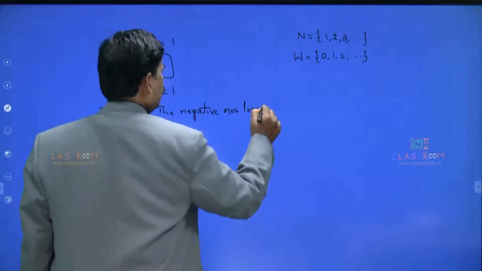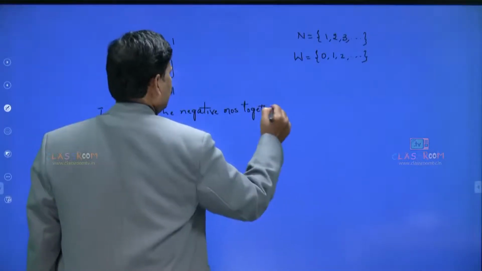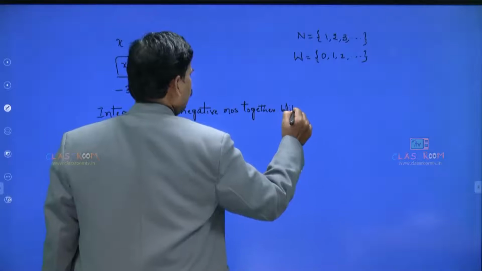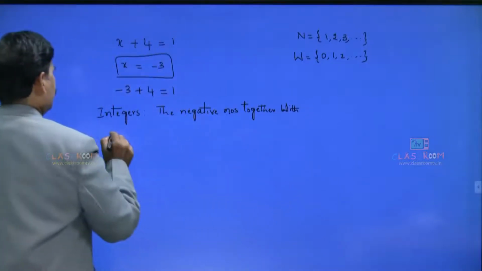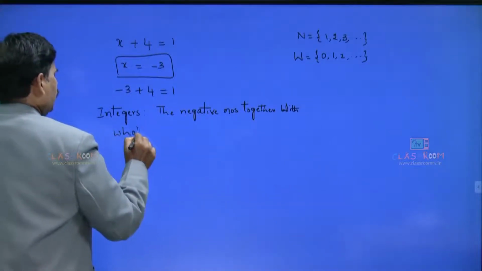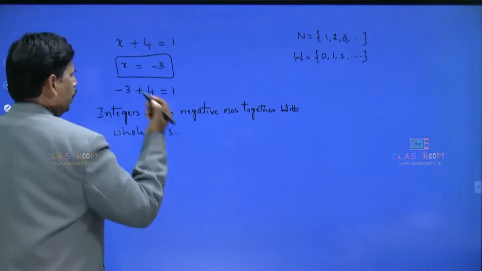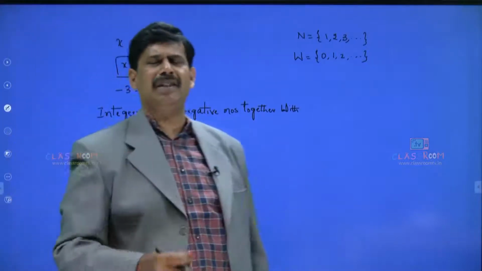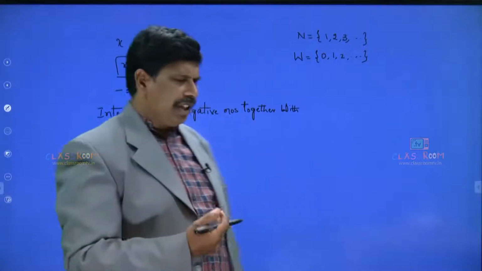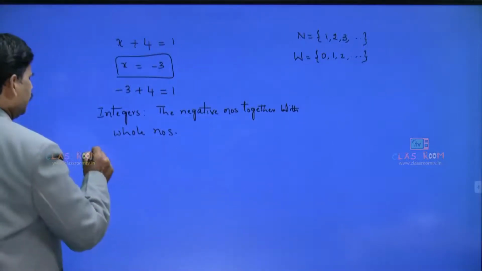So the negative numbers together with whole numbers, we call them integers.